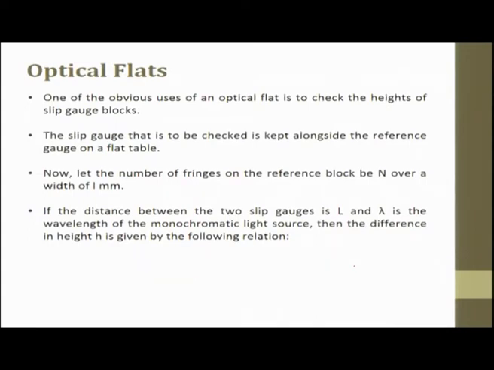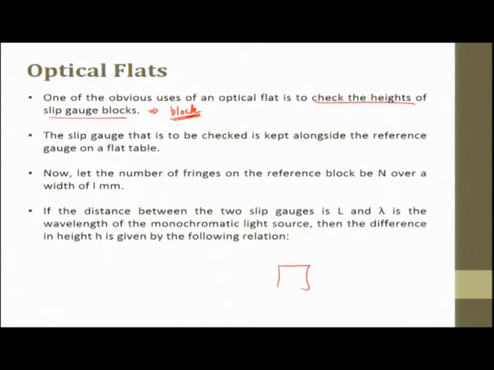One of the obvious uses of an optical flat is to check the height of a slip gauge block. We studied the slip gauge for end measurement. We made blocks of slip gauges, and these blocks are used for measuring height. The slip gauge that is to be checked is kept alongside the reference gauge on the table flat.